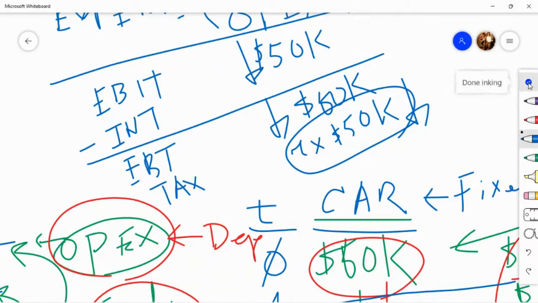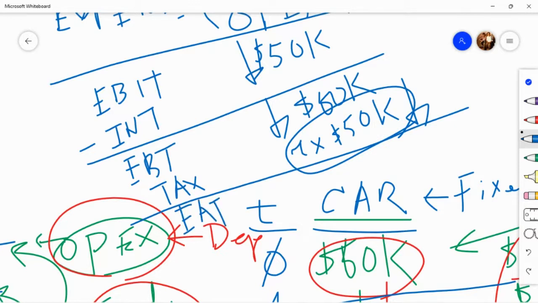And if taxes go down, then obviously it's good for you, because then EAT, net profit, will go up because you pay smaller taxes, right?